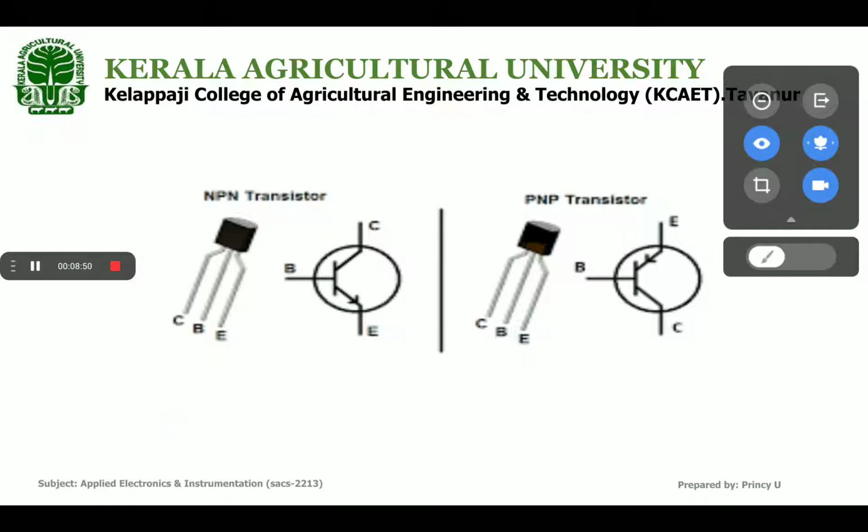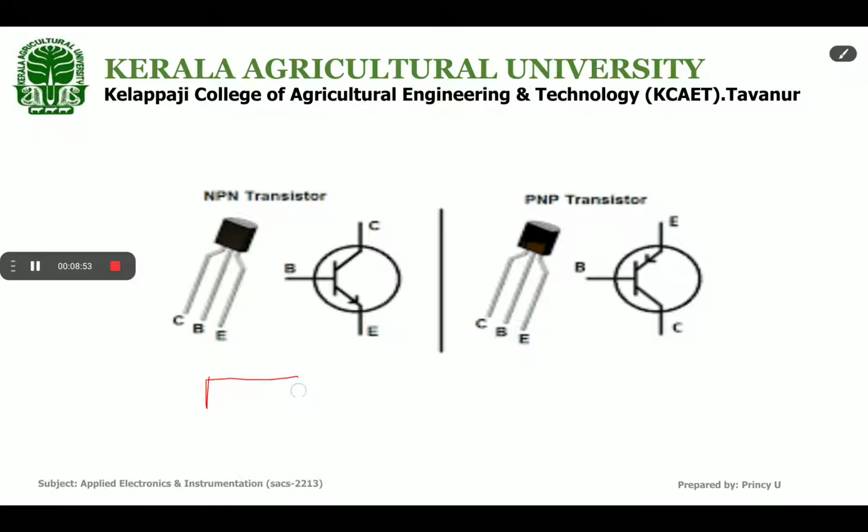We can construct a transistor by sandwiching either P-type in between N-type semiconductor, or sandwiching N-type in between P-type semiconductor. So we can construct 2 types of transistors, known as NPN transistor and PNP transistor. So by construction, we can classify the transistor as NPN and PNP.